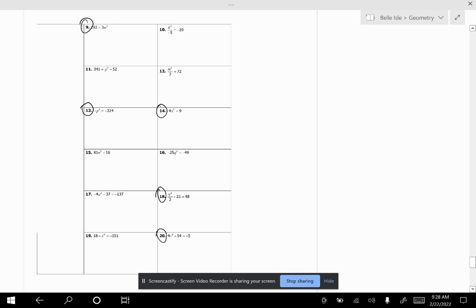Okay, so those 5 out of the 12 that are on here. Not bad. 9, 13, 14, 18, 20. The 3 on number 9? Go through your process.